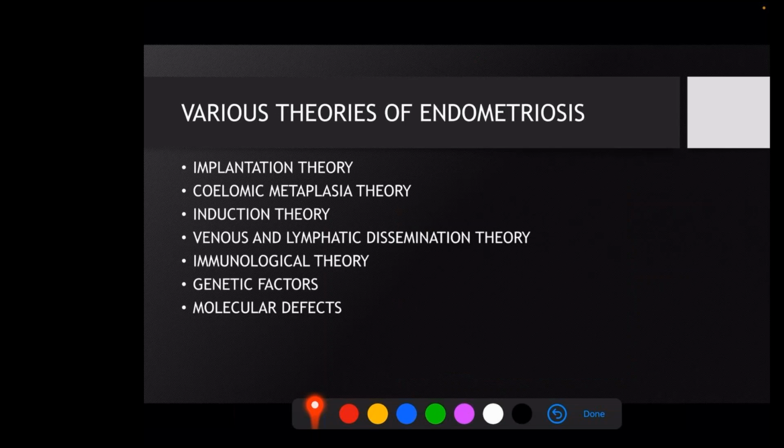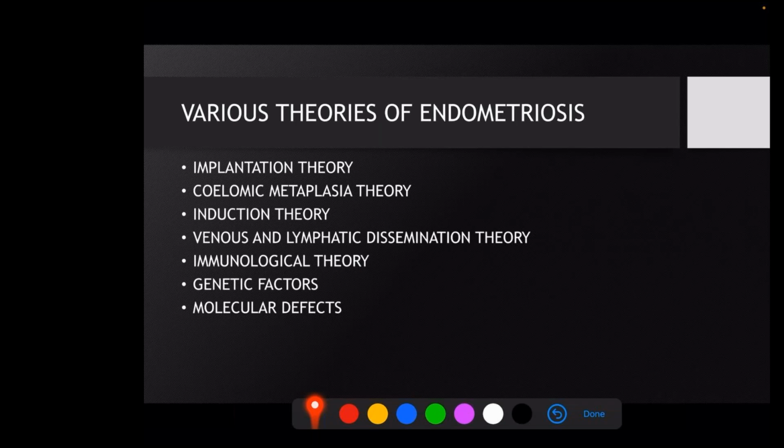Then various theories regarding the development of endometriosis. Although many theories have been proposed regarding the pathophysiology of endometriosis, no single theory can explain the location of development of endometriosis.